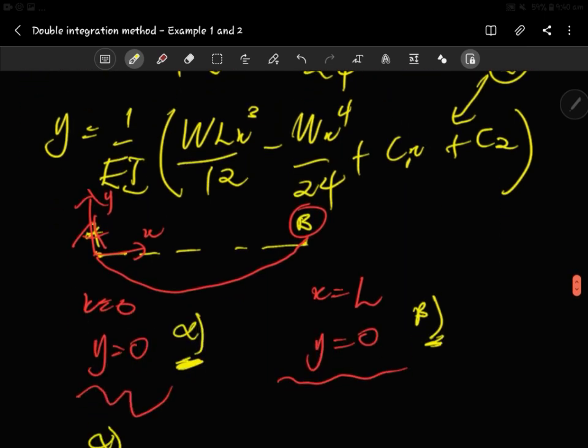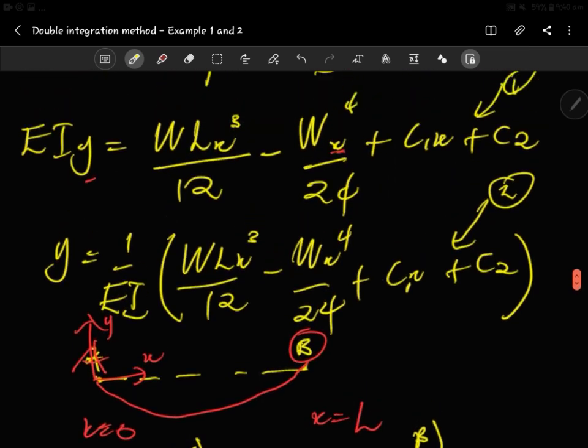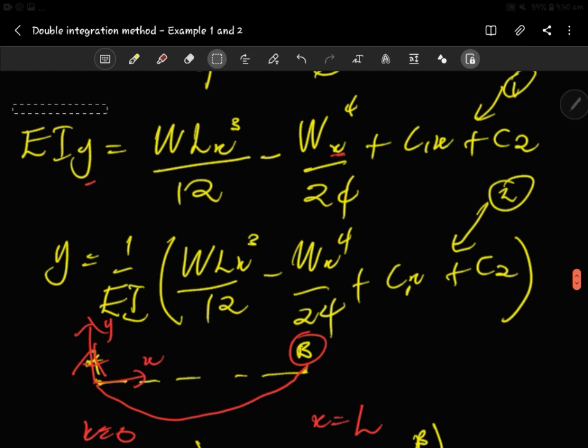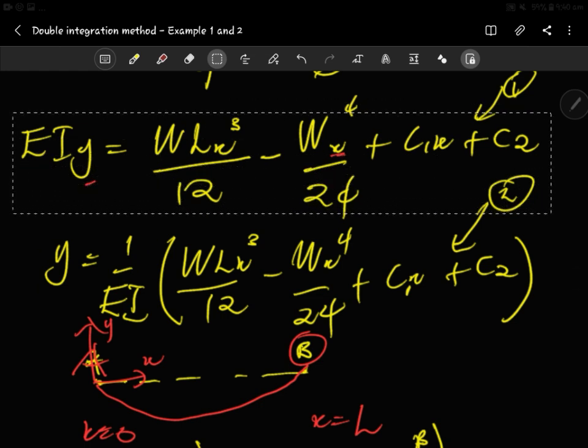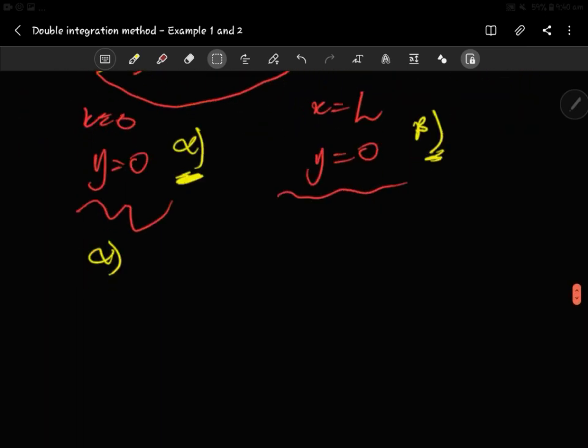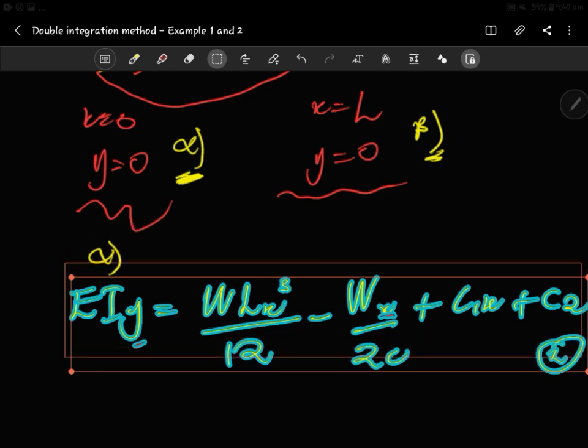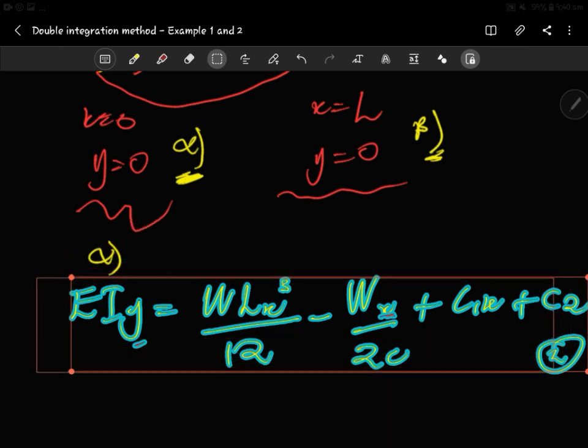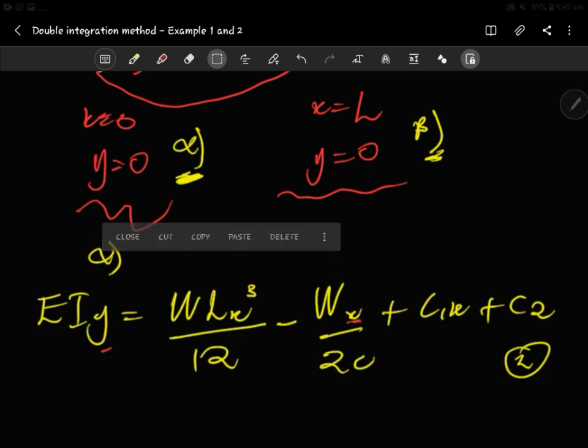So here we are saying that x is 0 and y is 0. So when we put it in this equation, let's copy this.